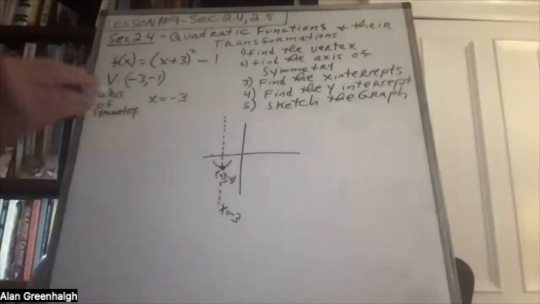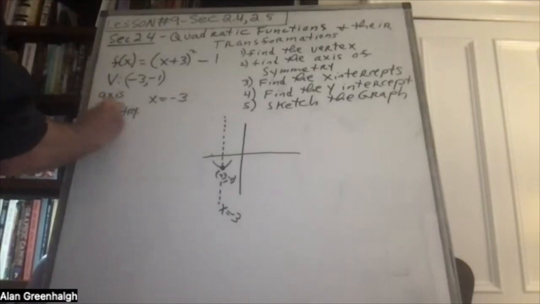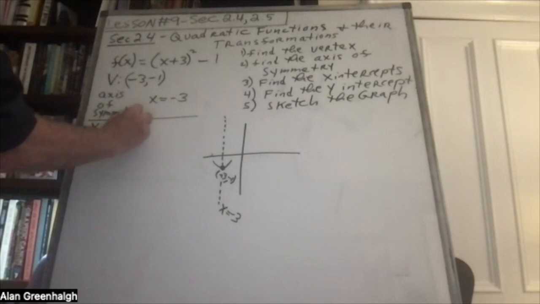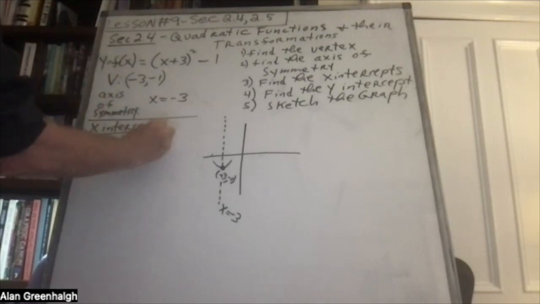But we don't know where it's going to hit the x-axis, so therefore, the next thing I'm going to do is find the x-intercepts. So I'm going to take (x + 3) squared minus 1. Remember, this is y, so that's equal to y.